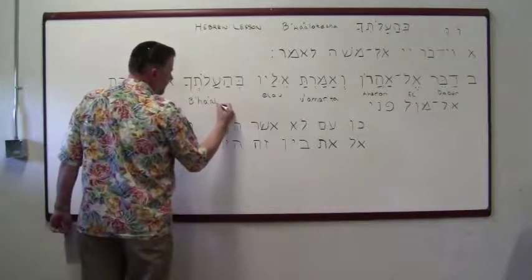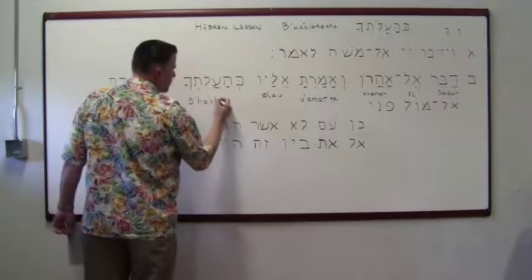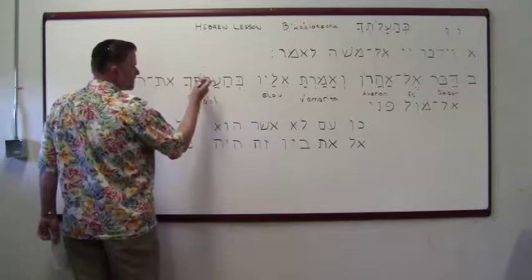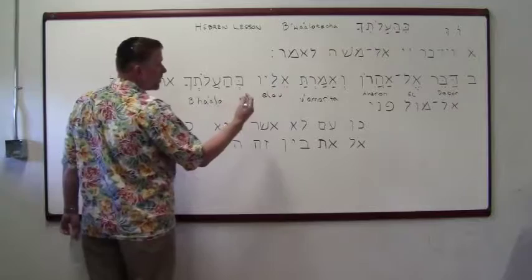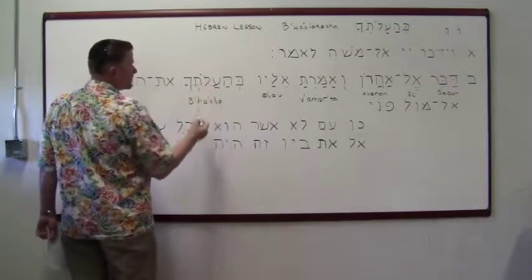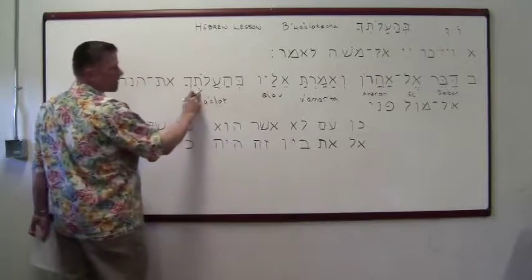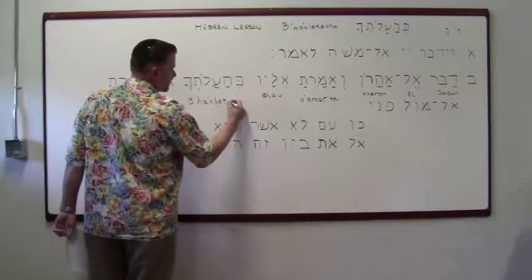Lamed, L, and the vowel next to it, the colon, O. Tav. Again, Shva, right?